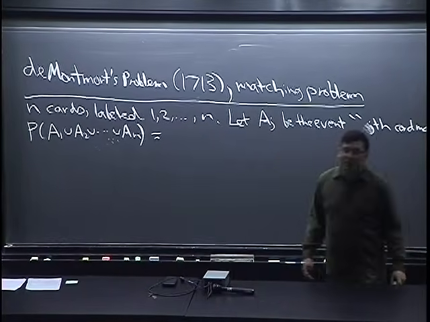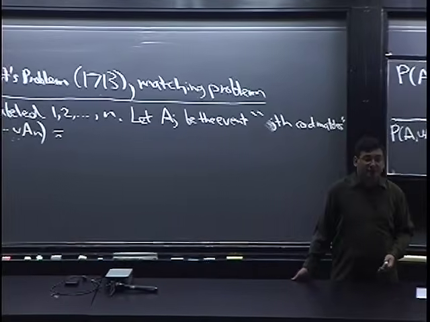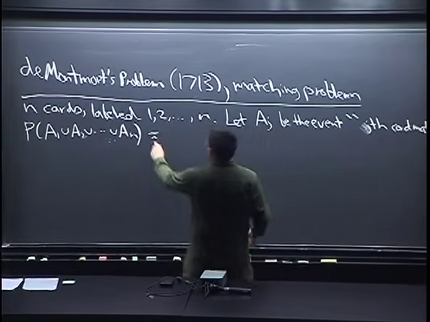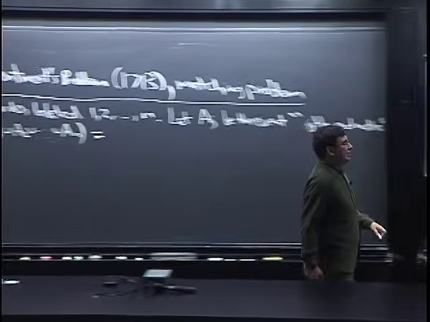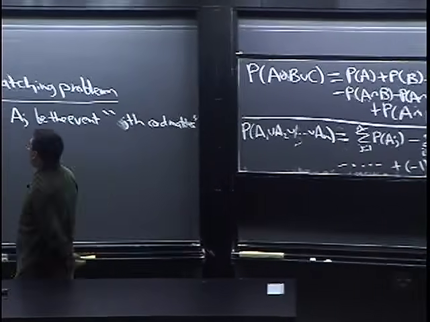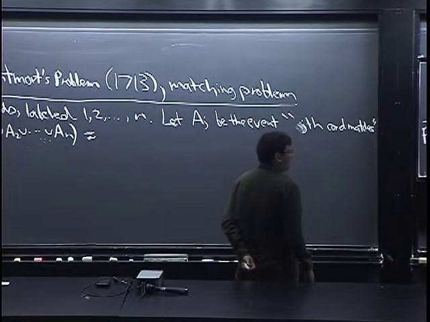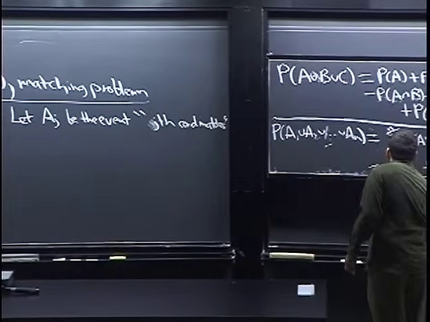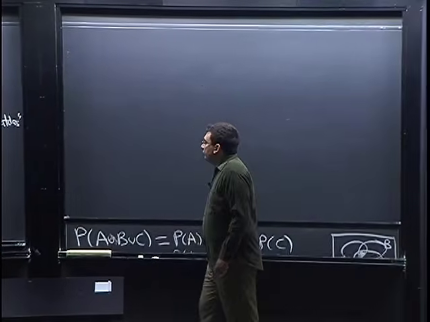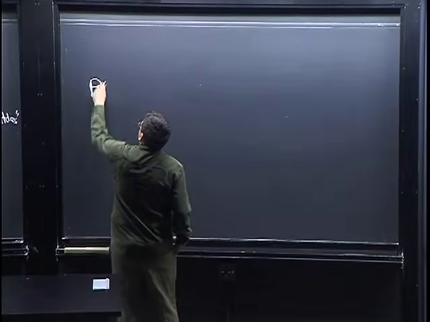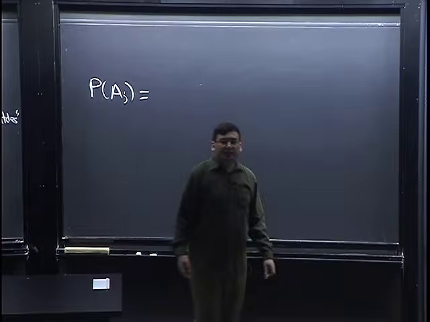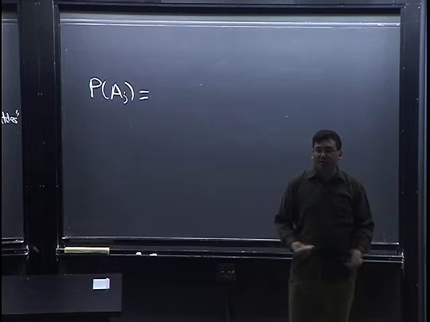Luckily, in this problem, we have a lot of symmetry, and we should take advantage of symmetry whenever we can. So initially, I would have to write out this sum, but actually, the probability of A_j, well, let's just do some scratch work over here. P of A_j is the probability that the jth card in the deck is card j.